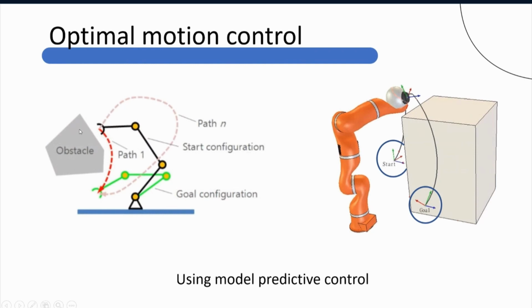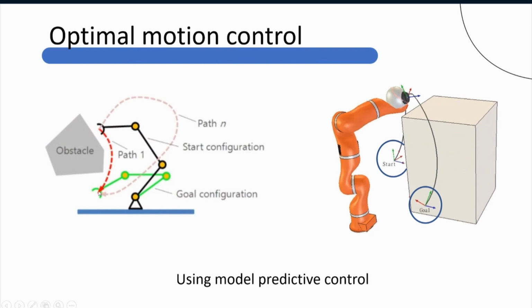So here, for example, we have the start and the end. We have this path here, and we have another path here, and we have an obstacle here. And of course, we have many other paths. So optimal motion planning deals with finding the best and the optimum path to go from here to here.